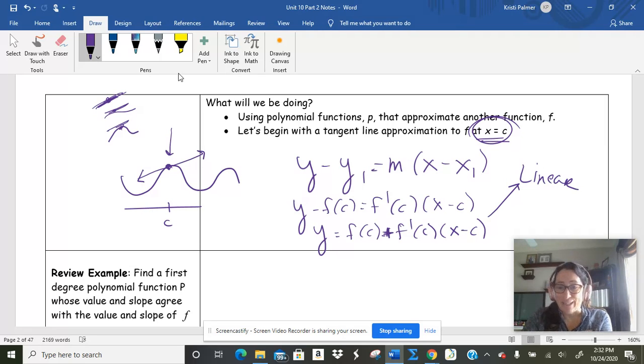Now what we're going to do is get a polynomial, because the line is a polynomial here, and we're going to try to match it a little bit longer with a parabola or something like that, or maybe even longer with a cubic, or a fifth degree, a quintic. That is going to be our objective of what these Taylor polynomials can do: they can match our function for a longer period of time than just one point from the tangent line.